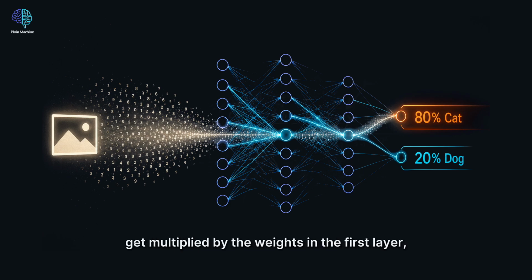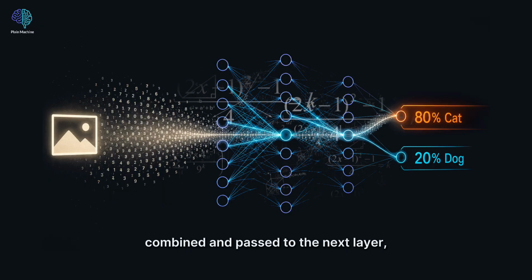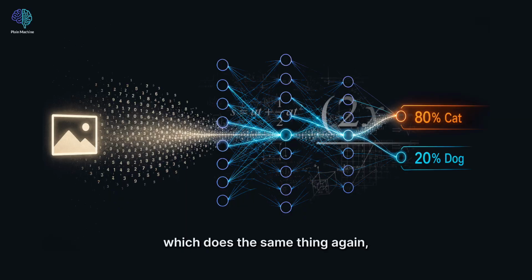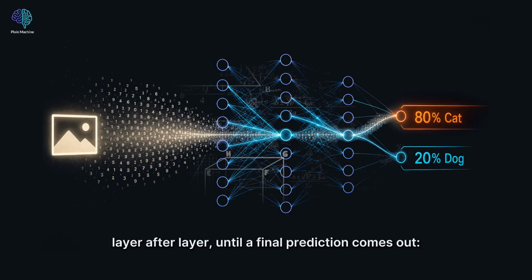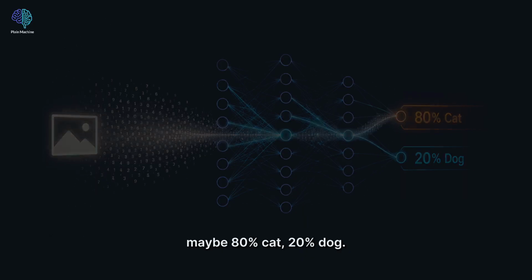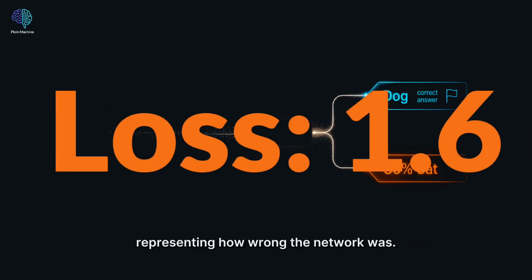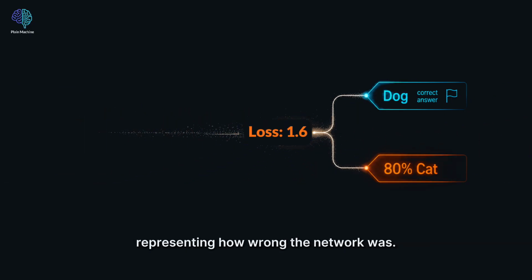Those numbers get multiplied by the weights in the first layer, combined and passed to the next layer, which does the same thing again, layer after layer, until a final prediction comes out, maybe 80% cat, 20% dog. If the image actually was a dog, the loss function compares that prediction to the correct answer and produces a single number representing how wrong the network was.